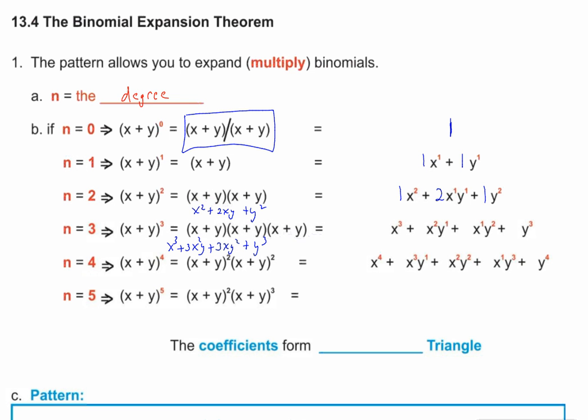So that's x cubed plus 3 x squared y plus 3 xy squared plus y cubed. Coefficients 1, 3, 3, 1. Okay.